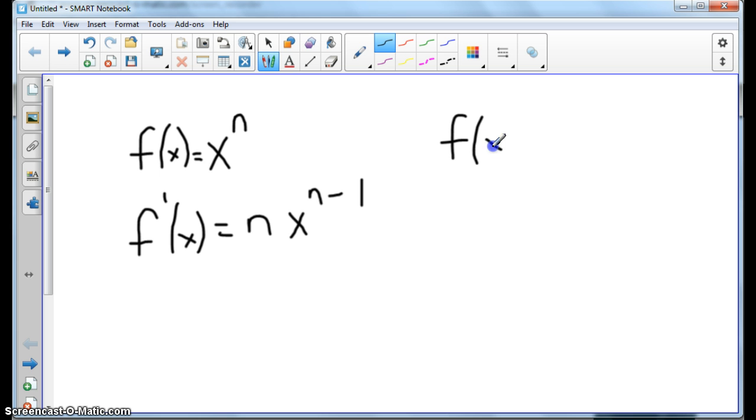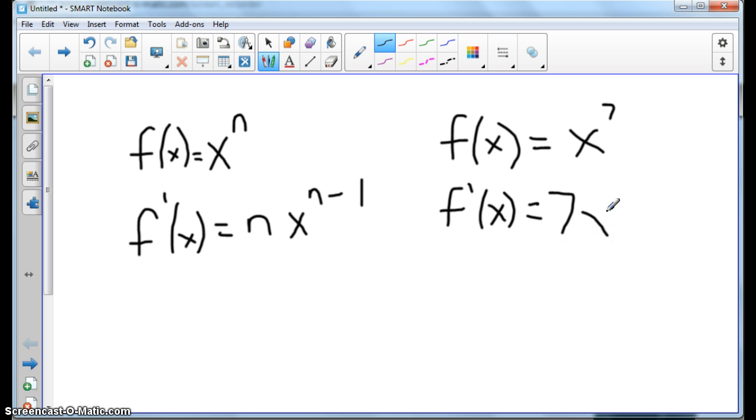If we've got f of x equals x to the 7th power, looking at our rule, the derivative is going to bring the 7 down to be a coefficient in front of the x, and you subtract 1 from the original exponent. 7 minus 1 is going to give us 6.